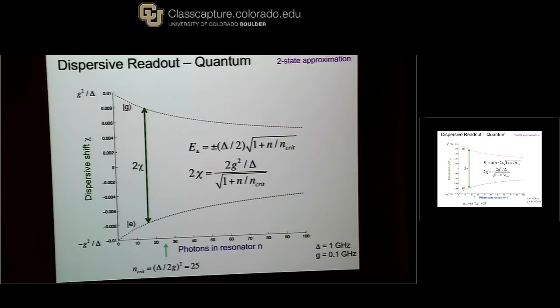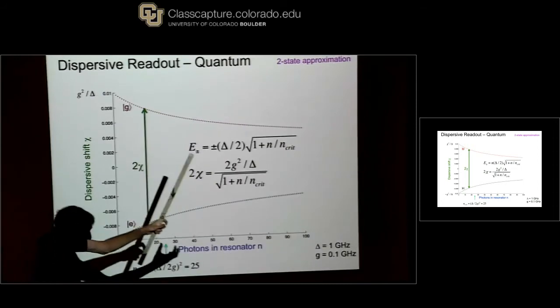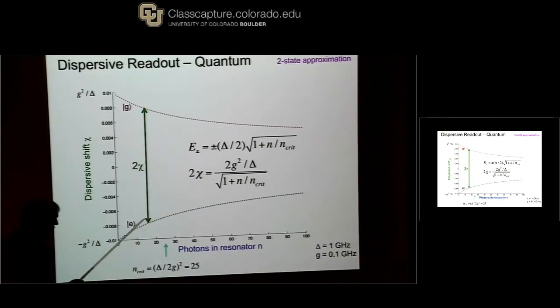Note that as you increase the photon number and you try probing the system with more and more photons, the dispersive shift goes down a little bit. So the frequency change is going to be a little bit less. You're going to see a little bit less opening of those two coherent states. But of course, if you drive it stronger, you're going to get a bigger signal, so it's going to be easier to do that.